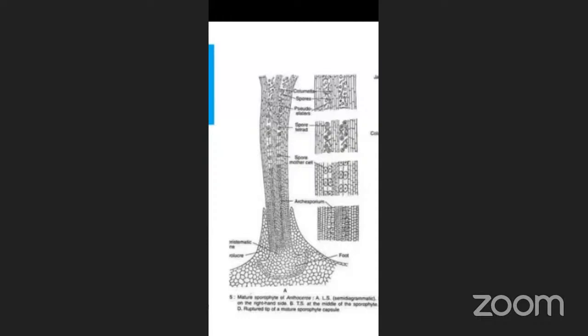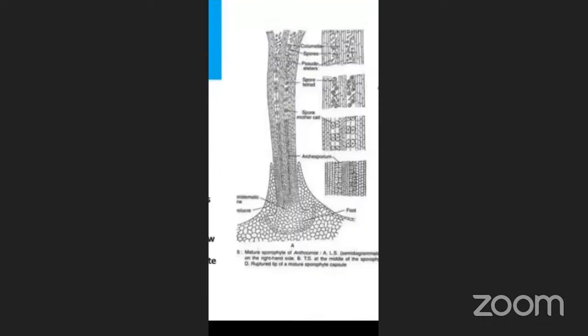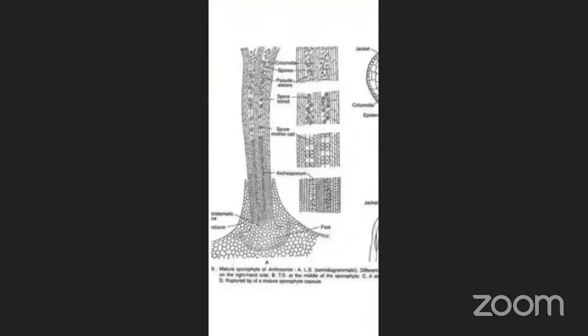So two generations are there in the bryophyte life cycle: the gametophytic stage and the sporophytic stage.